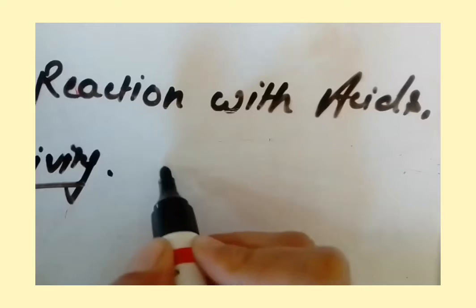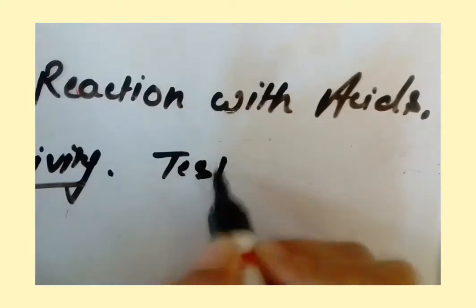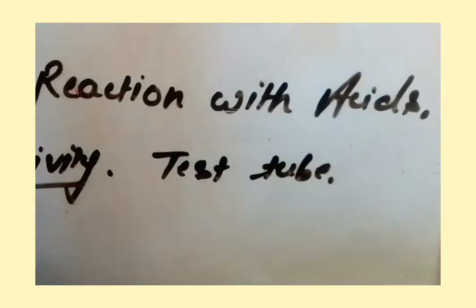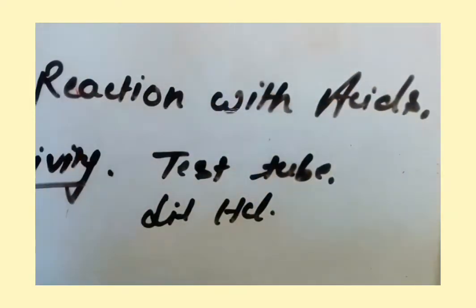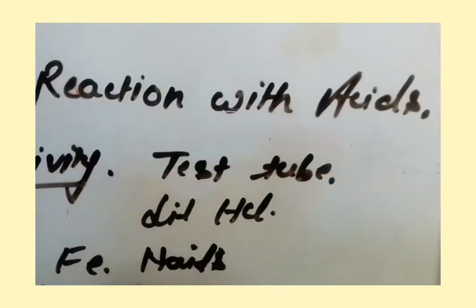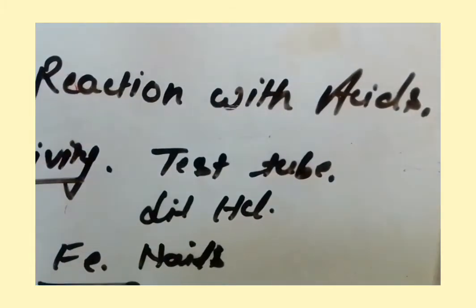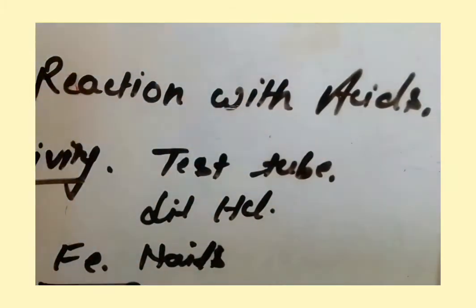First, a test tube. Second one, dilute hydrochloric acid. And third one, iron nails. Right? So, how do we perform this activity now?